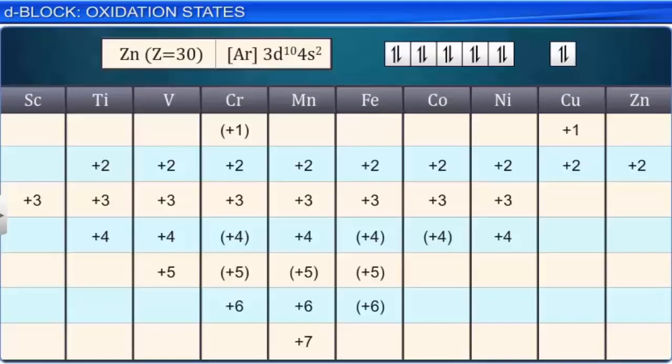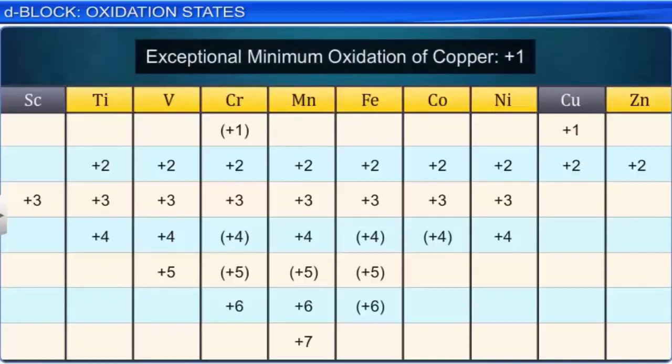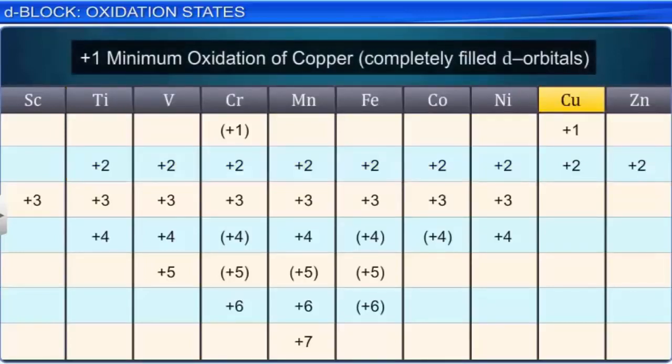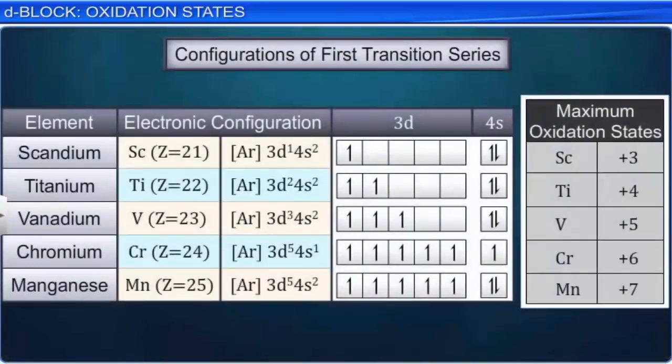The elements from titanium to zinc, with the exception of copper, show a minimum oxidation state of +2. Copper shows a minimum oxidation state of +1. The maximum oxidation state is given by the sum of the s and d electrons for the first 5 elements.